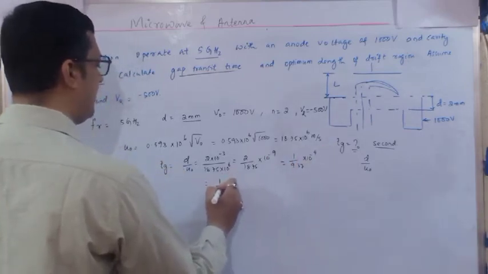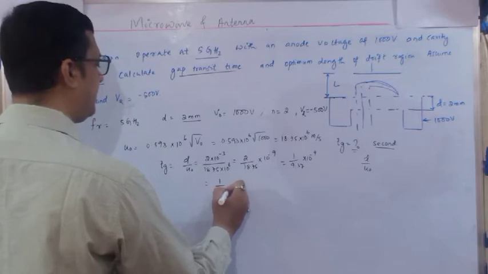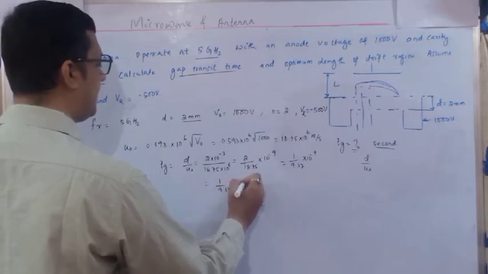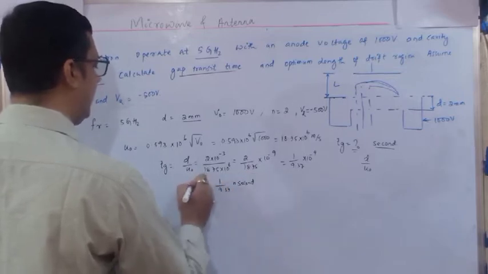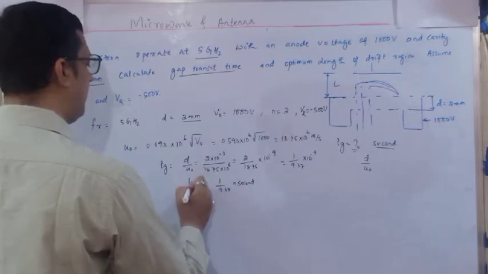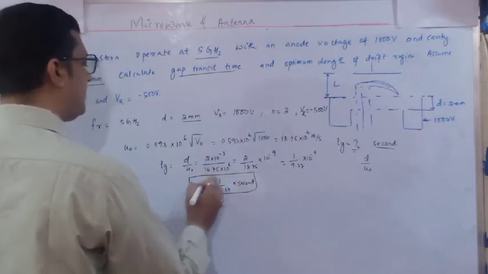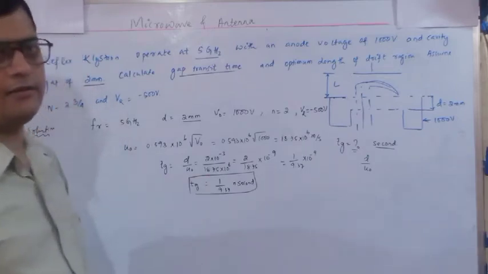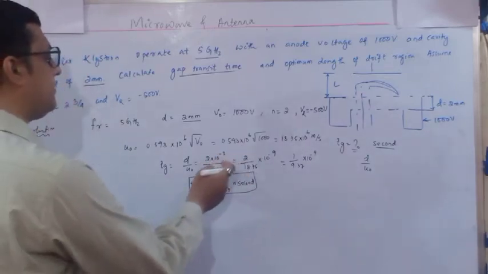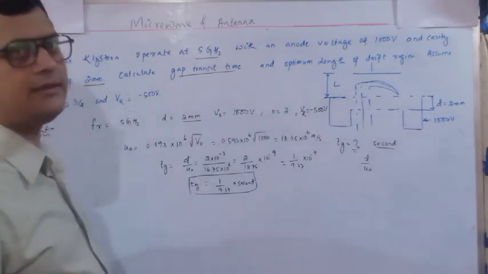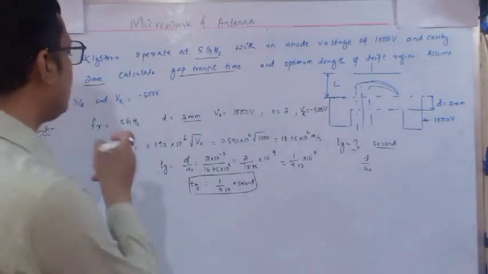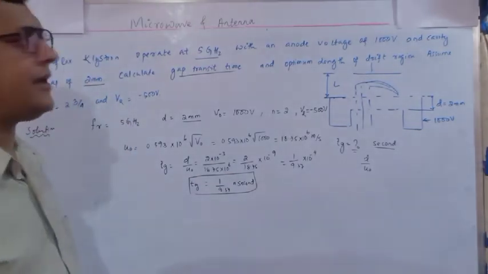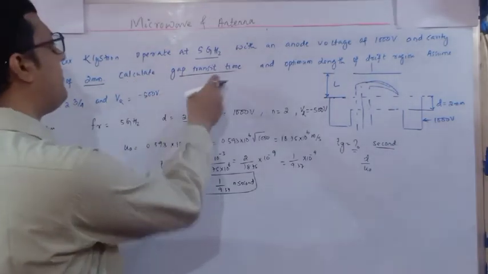So 1 divided by 9.37 nanosecond. So this is the Tg. Now with the help of calculator, solve this ratio 1 by 9.37 in nanosecond, 10 to the power 9 minus 9. So this 6 will go up, it will become 10 to the power minus 9. Okay. So this is the transit gap time. So here calculate gap transit time.